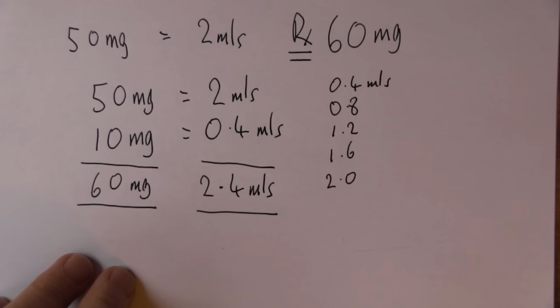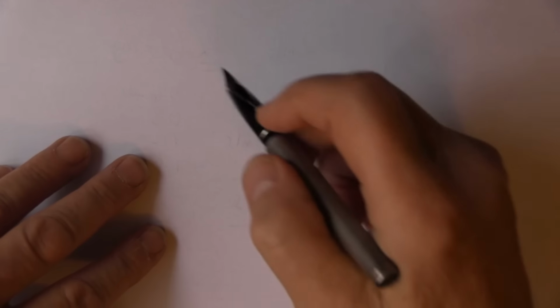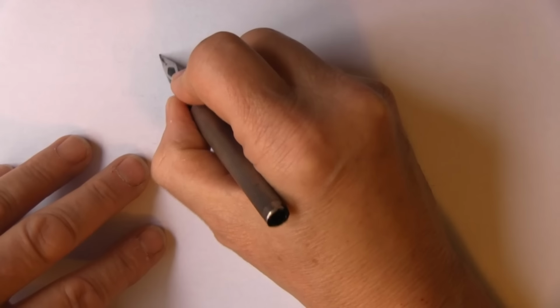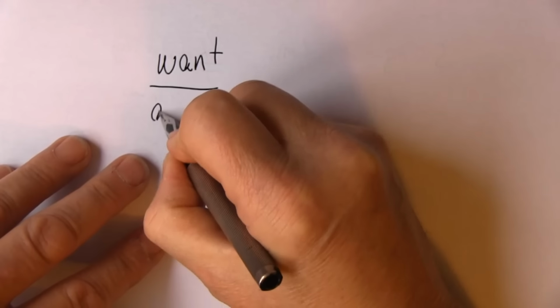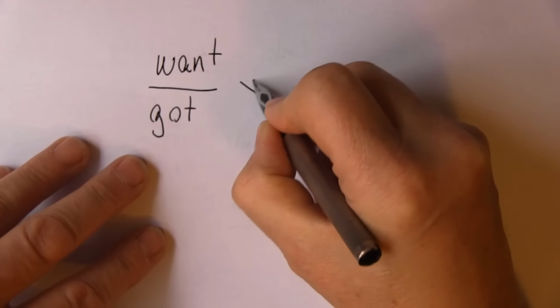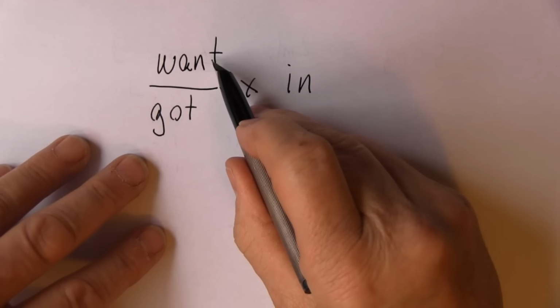That's the way I do it. But there is another way to do it, using what we call the equation. And this is want over got, times in. So want is the dose of drug you want.